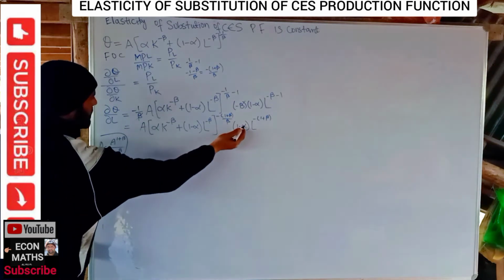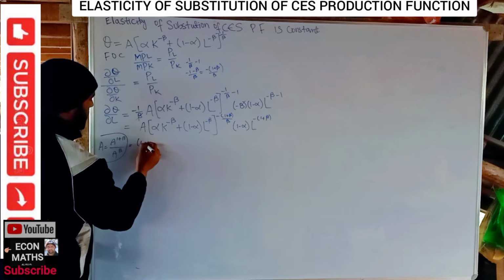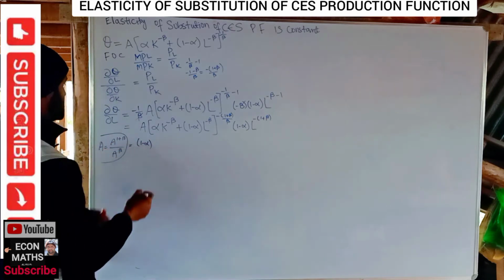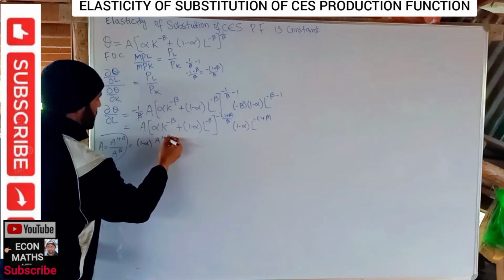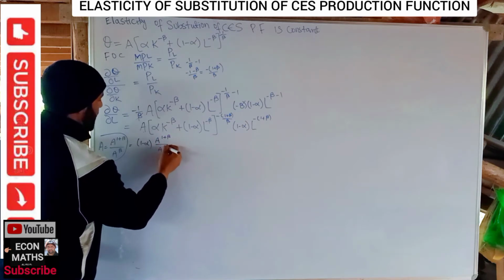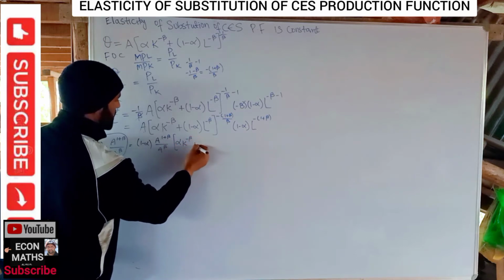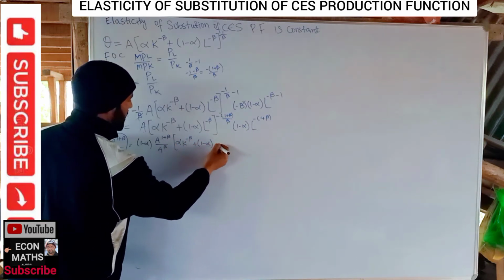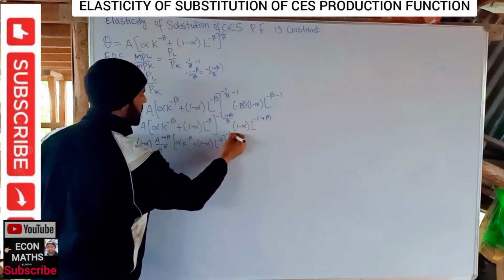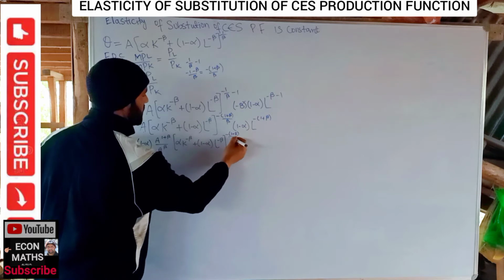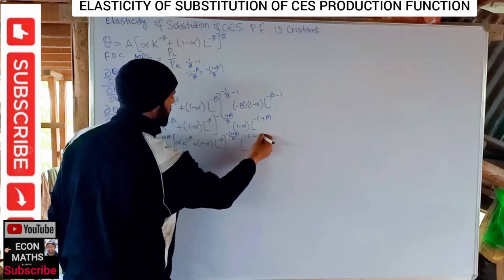I will write first this (1-α). Further simplifying, in place of A I will write A^(1+β) divided by A^β, and we have [αK^(-β) + (1-α)L^(-β)] to the power -(1+β)/β, and L to the power -(1+β).